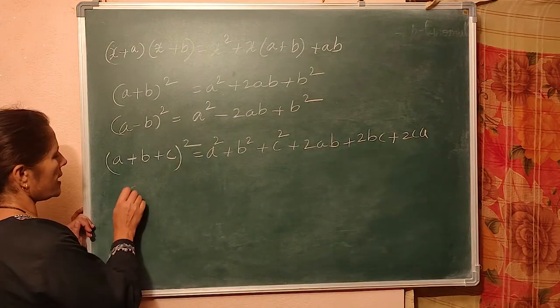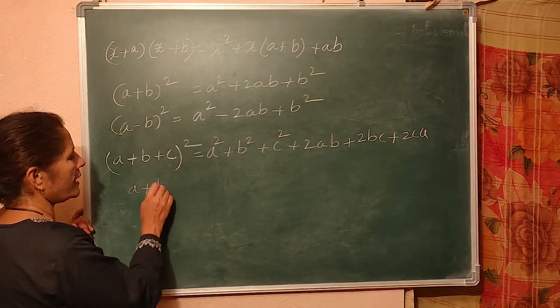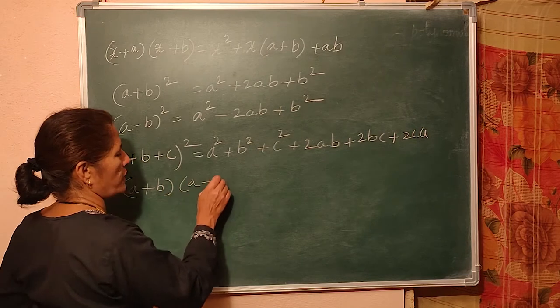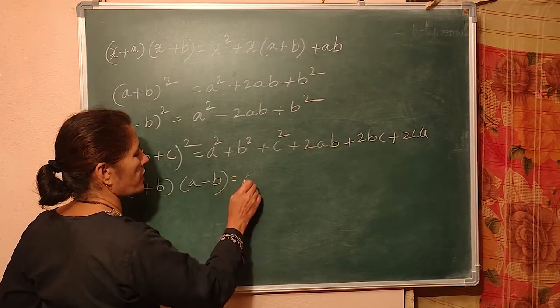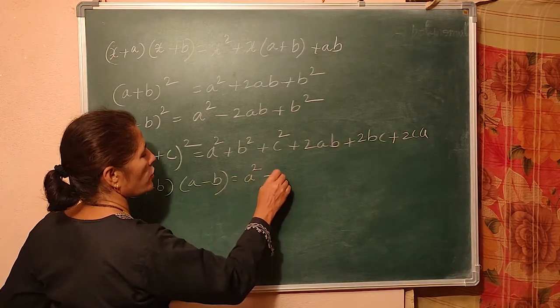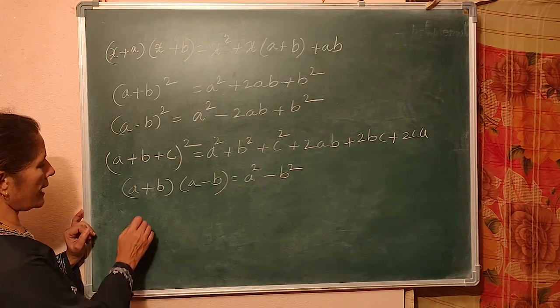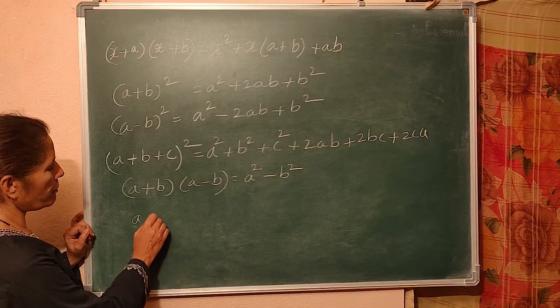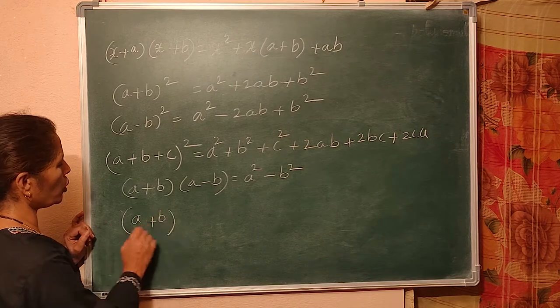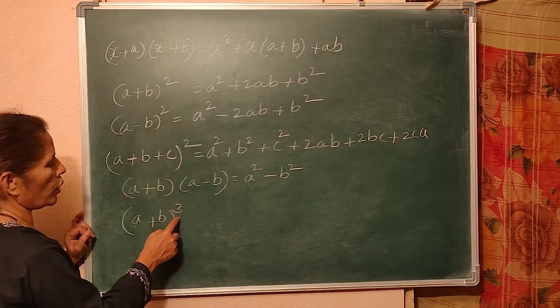Next one, (a plus b) into (a minus b). What is (a plus b) into (a minus b)? It is equal to a square minus b square. Next one, (a plus b) the whole cube.